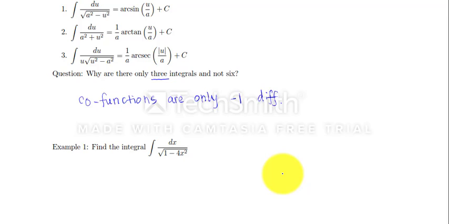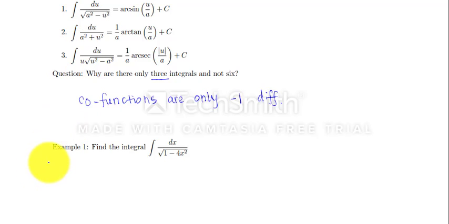How do we apply these formulas to find the integral dx over square root of 1 minus 4x squared? The first thing to do is to compare this integral with the 3 formulas up here. And we notice this is similar to number 1.